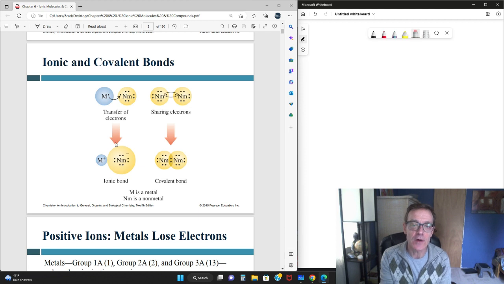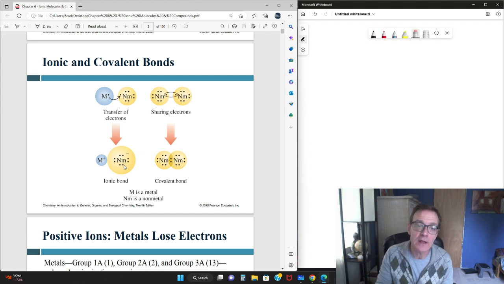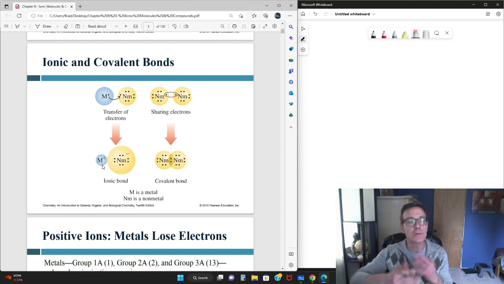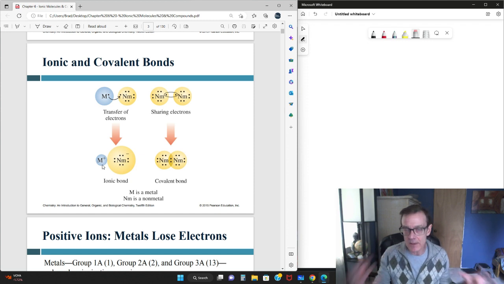Now, if you follow the arrow down, the nonmetal has a negative charge because it has an extra electron as opposed to its number of protons. And the metal that has lost its electron now has a positive charge because it has one less electron, which it has given to the nonmetal. So now you have an ionic bond between the metal and the nonmetal.